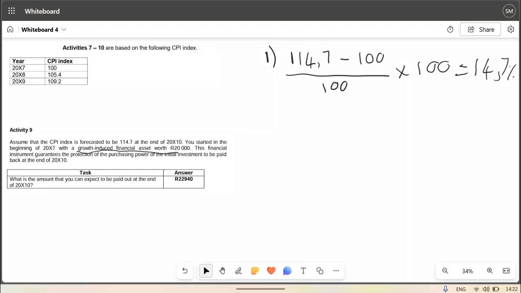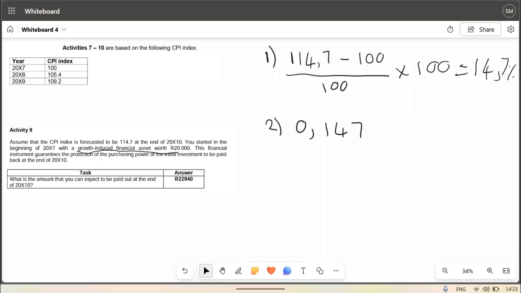That's your inflation rate. So we go to step number 2. Remember, on this step, we want to be working with decimals. So when we divide the 14.7% by 100, we're going to get 0.147, right?